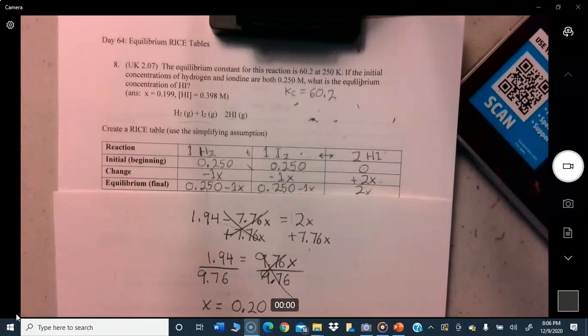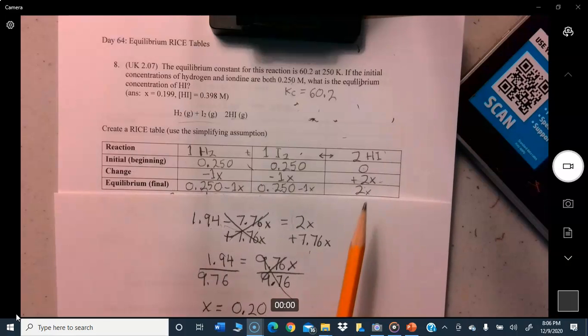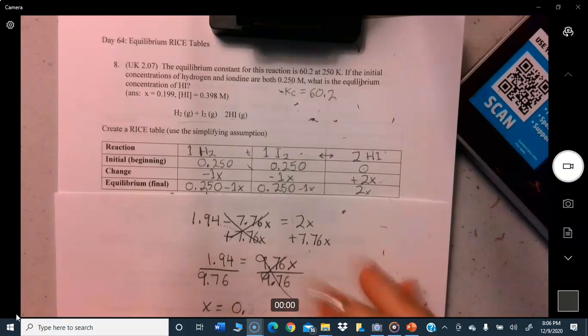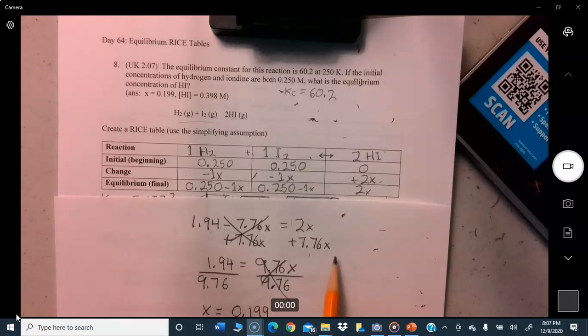So now we come down here and we're going to plug that into 2x here. I tell you what, I'm not going to do that, because I peeked at the answer up there, and it looks like I didn't do that when I did this the last time. So I'm going to put 0.199. Okay, so we see right here that the concentration of HI is 2x.